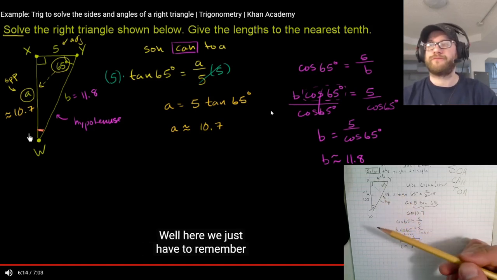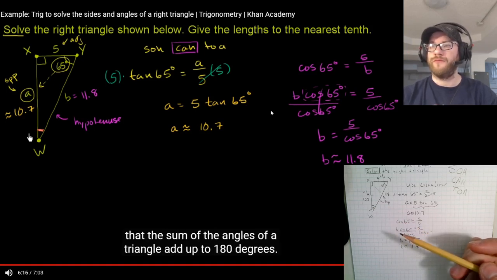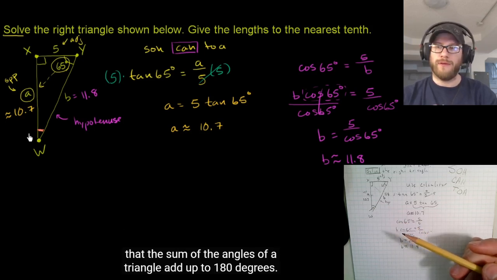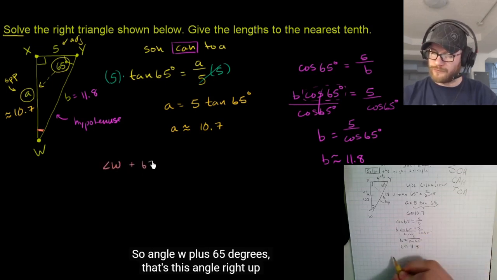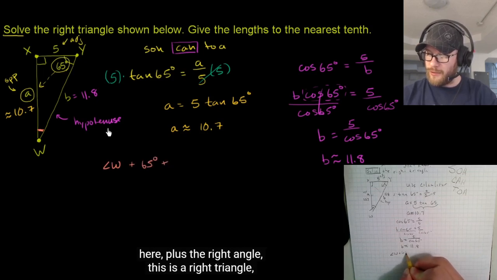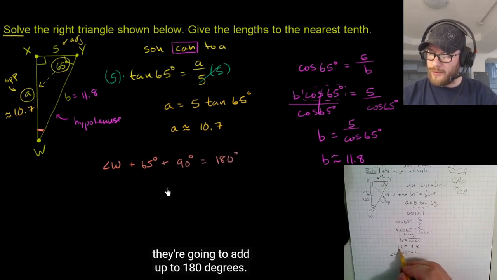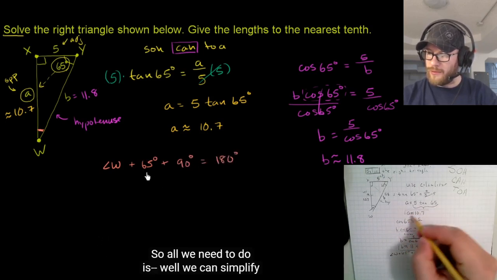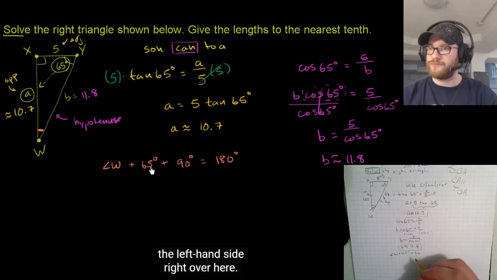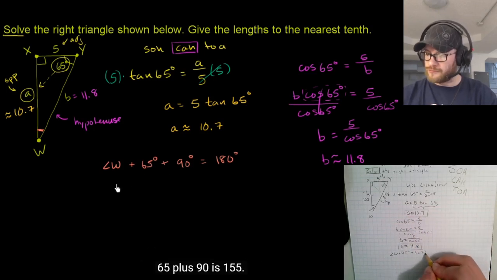Let's see. Here we just have to remember that the sum of the angles of a triangle adds up to 180 degrees. So angle W plus 65 degrees, that's this angle right up here, plus the right angle, since this is a right triangle, will add up to 180 degrees. We can simplify the left-hand side: 65 plus 90 is 155.